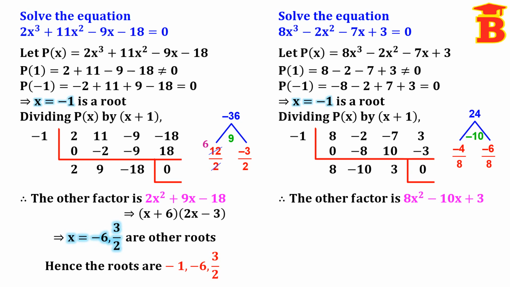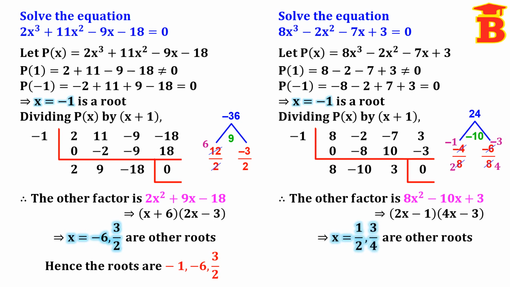Find the two numbers and then divide by 8. We get the other factors, 2x minus 1 into 4x minus 3. So this implies from the first bracket x is equal to 1 by 2, and from the second bracket x is equal to 3 by 4. So these are the other two roots.